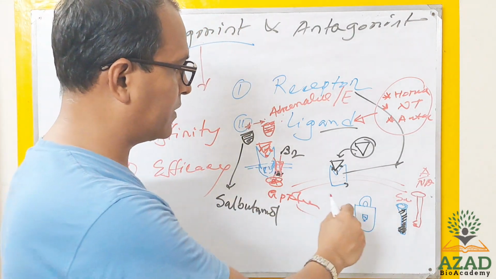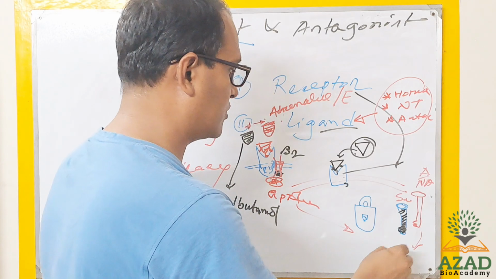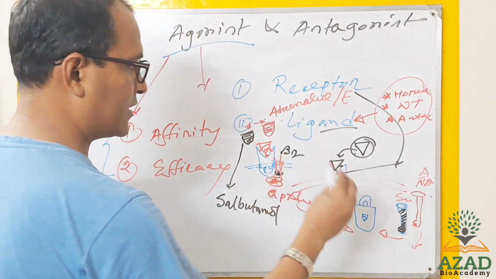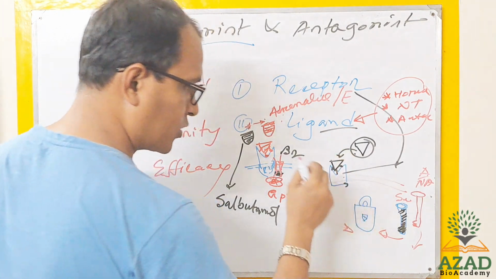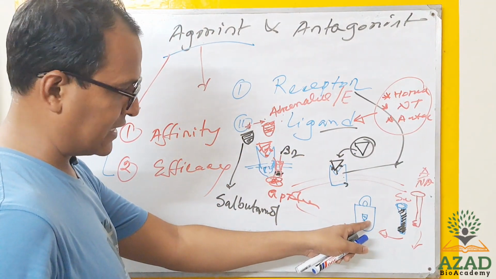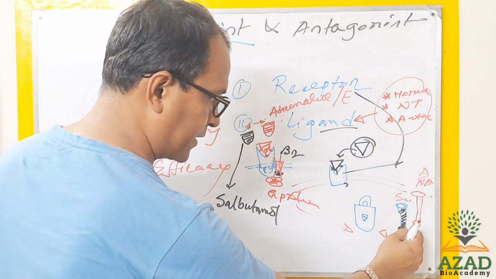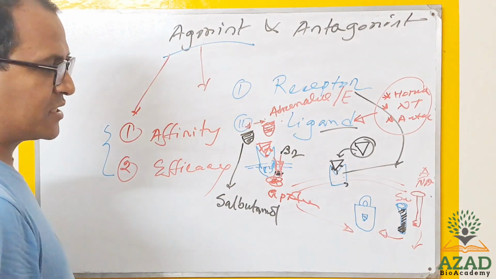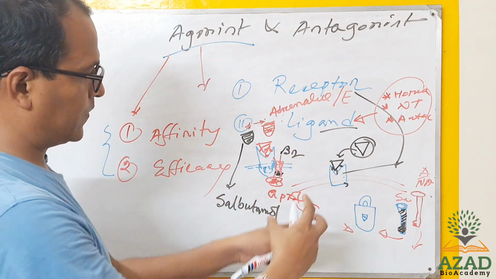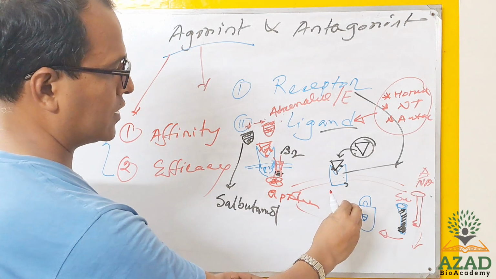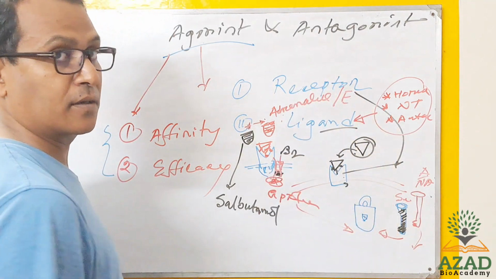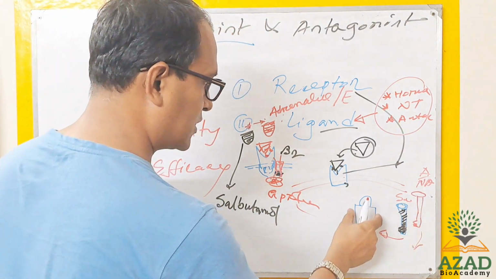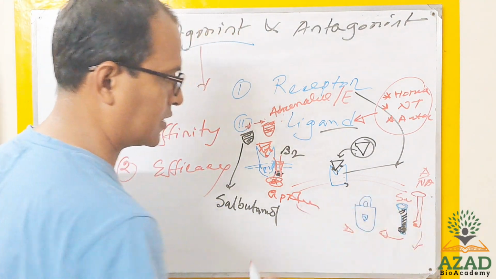You will be able to open the lock through this key, and also through this key, because both keys will properly fit the core of the keyhole, and both have particular teeth that will change the inner withstand force to open the lock. So you can say both are agonists to this lock and both are agonists to each other.